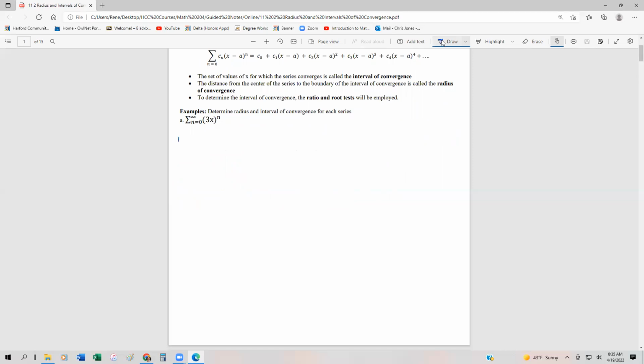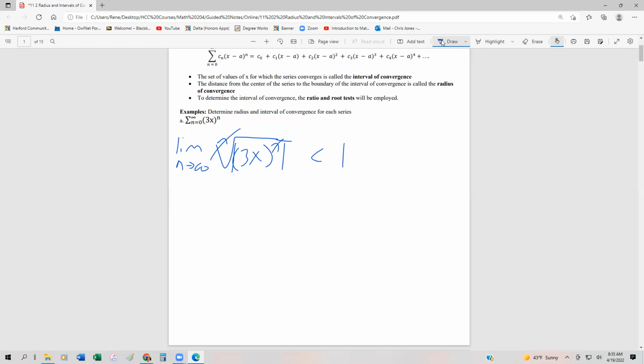What we're going to do is take the limit as n approaches infinity of the nth root of the absolute value of (3x) to the n. And that has to be less than 1 for us to get convergence. So we cancel out the n's, just like we always do.